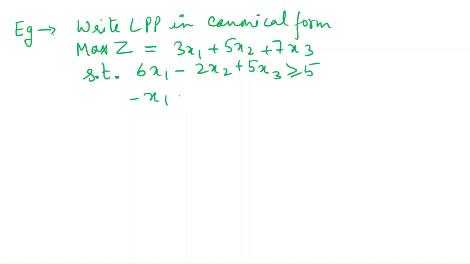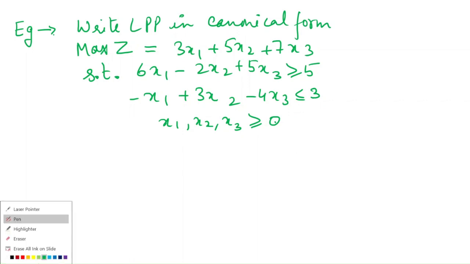So here we have both the constraints with the non-negativity constraints. Sorry, this was 3. So x1, x2, x3 all are greater than or equal to 0. So now how could we write it in the canonical form?